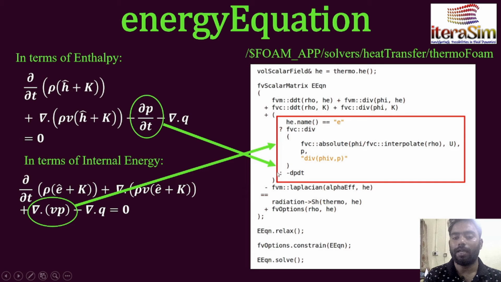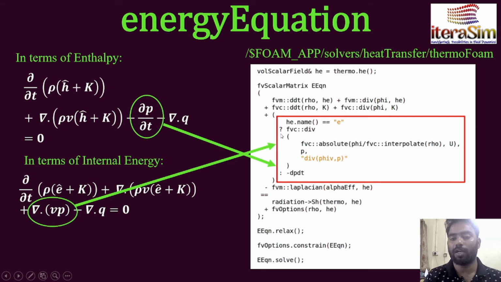When this line is true, it will directly solve for these terms. When we check whether it is related to internal energy, it will solve for the divergence of U into p. This is the argument it is checking here, whether he.name is equal to internal energy. If this is true, then it is going to solve for this divergence of U into p. And if it is not true, that is why this question mark is written here.